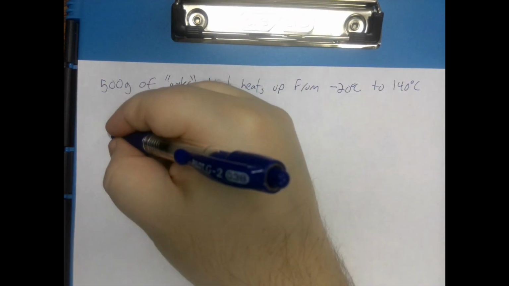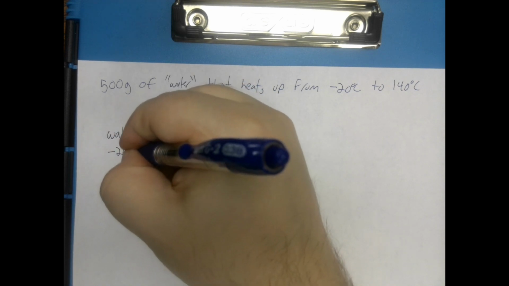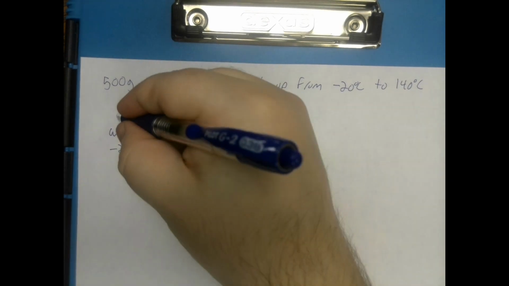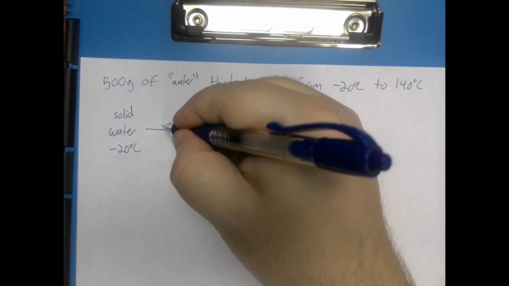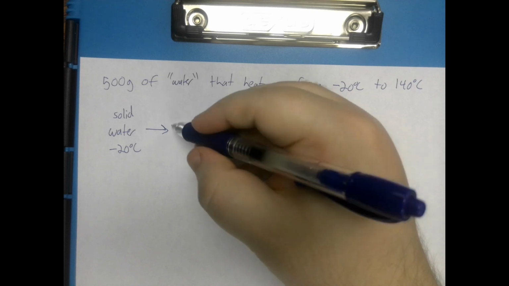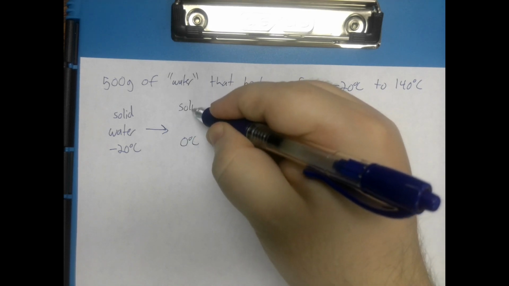So we're starting with water at negative 20 degrees Celsius. Is water solid, liquid, or gas at negative 20? So this would be solid, and it's going to heat up. Remember, if there's a temperature change, it's still solid.